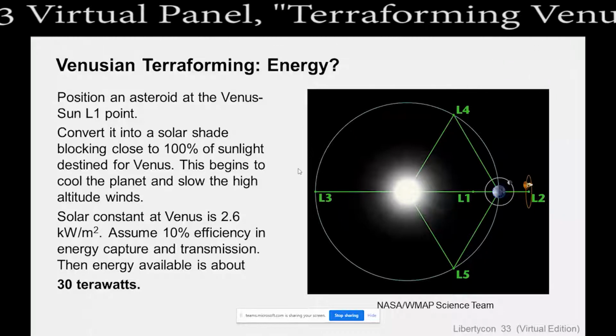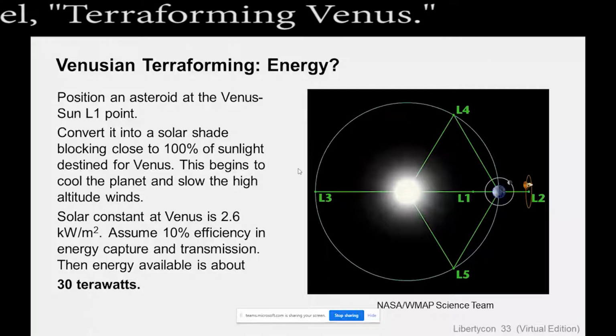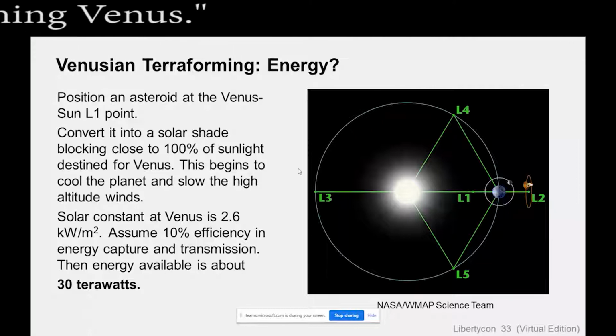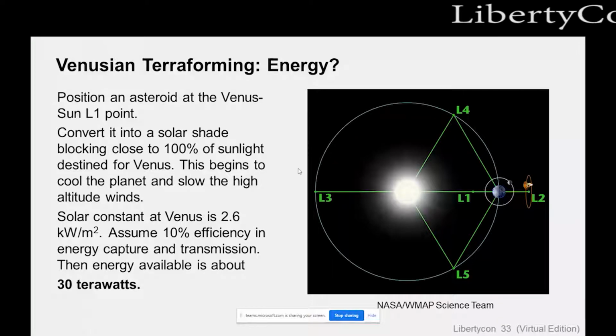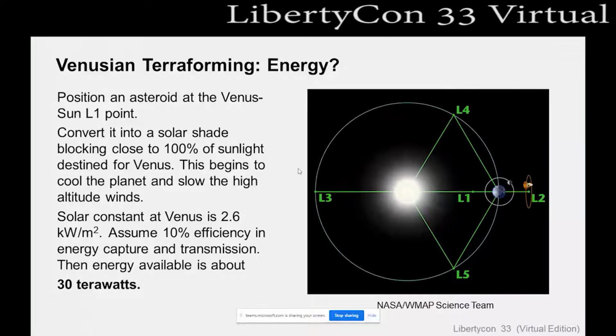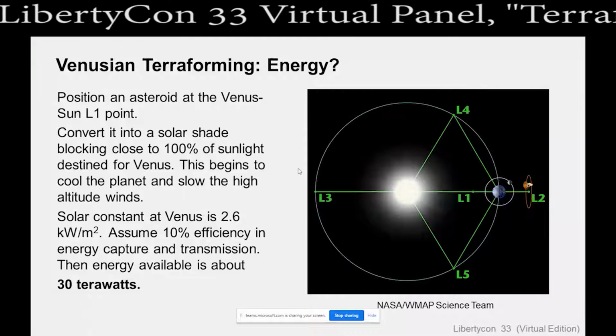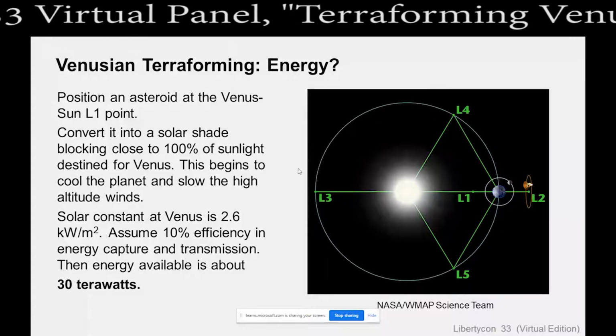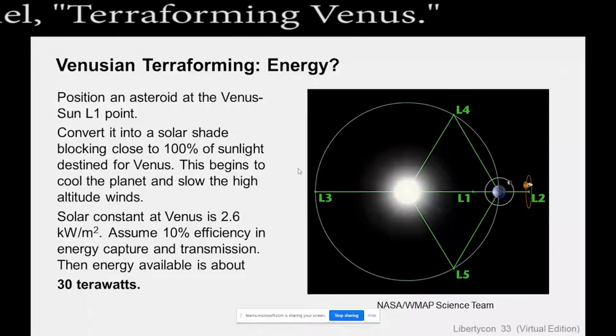And any terraforming project that we undertake is going to be time consuming and energy consuming. Well, here's the energy that we could use on this. And this is kind of a twofer. If the sun shade is big enough, we will cool the planet and we will have the energy we need to work with.